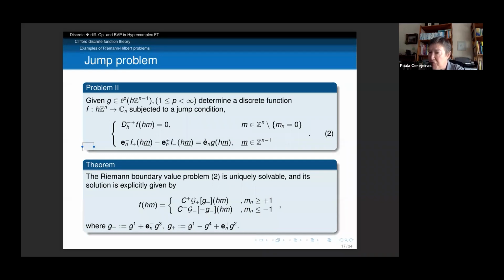If you have this difference, then you can solve the problem because you simply generate the monogenic part with the G plus, the solution that comes from this element. You decompose this in twice, in the projection in E plus and E minus. G plus you extend as usual. G minus you extend to the lower part, and this gives you your solution to the jump problem, which will be a monogenic function with the exception of the 0 layer, obviously.